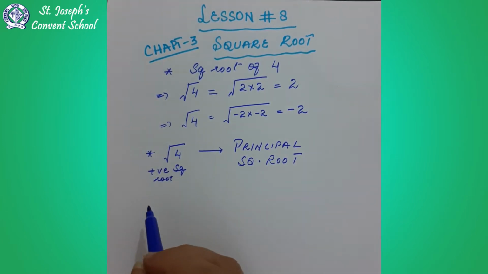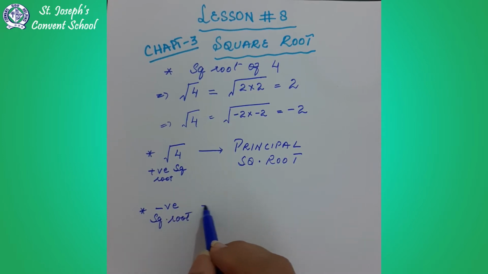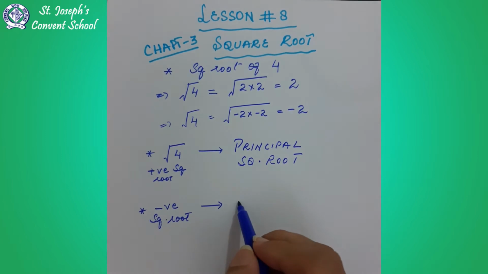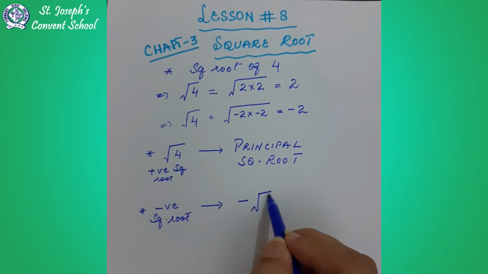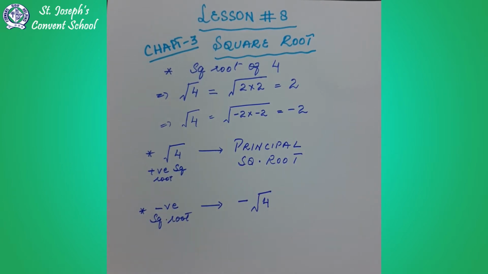And negative square root, how we write? Negative square root is written like this, minus root 4. Okay, this is negative square root. So it can be positive, it can be negative, but here we are going to study only positive square roots. We will not do negative ones, we will do only positive square root.